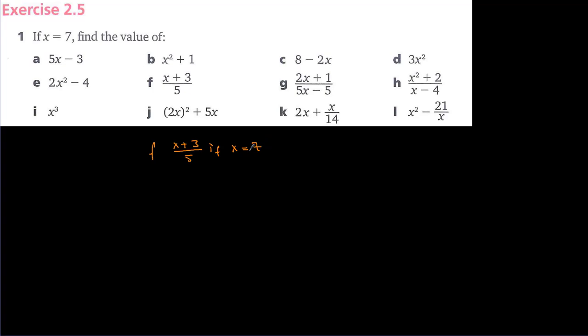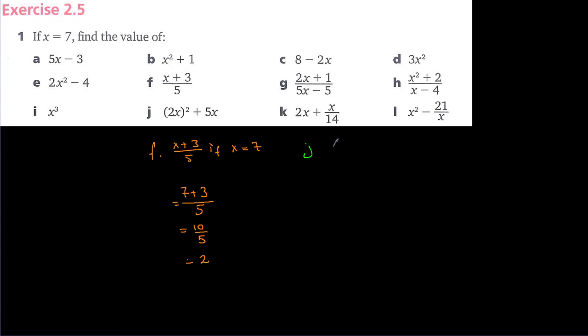If x is equal to 7, it means that it's going to be equal to 7 plus 3 divided by 5, which is equal to 10 divided by 5, and the answer is going to be equal to 2.